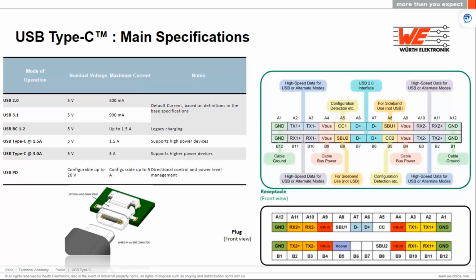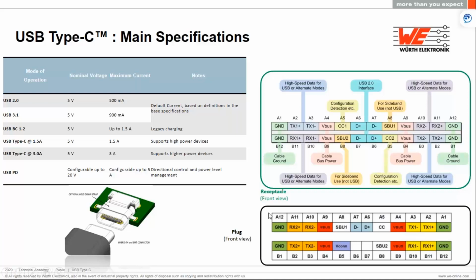Also, we have some configuration channels such as CC1, CC2, and SBU1, SBU2 here. What these channels are doing is making the connector configurable for low-speed data lines if you are going to use the connector for some alternate modes, making this connector very customizable and very flexible so that it changes with different types of operation. And that is why these types of connectors can also be used in very unconventional industries such as audio.